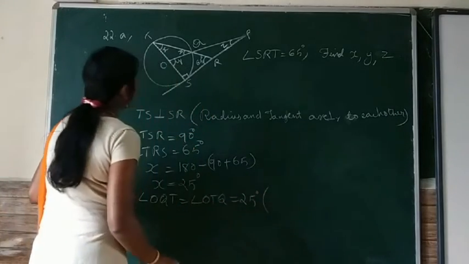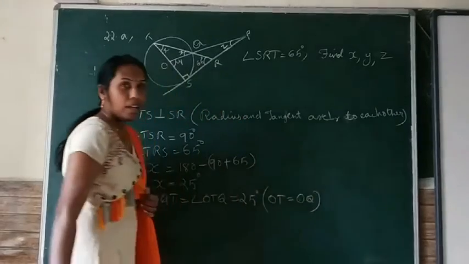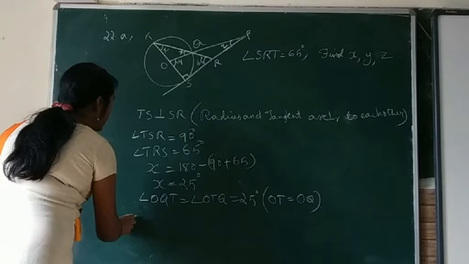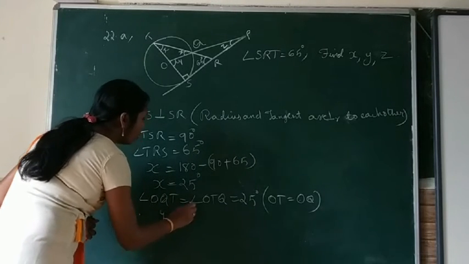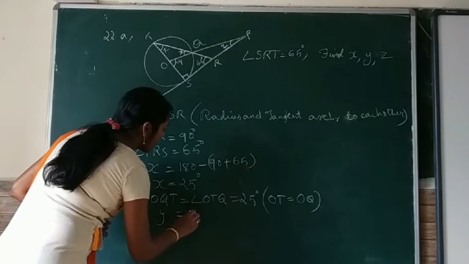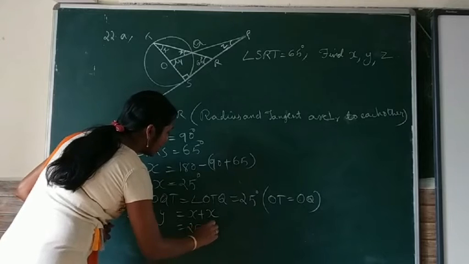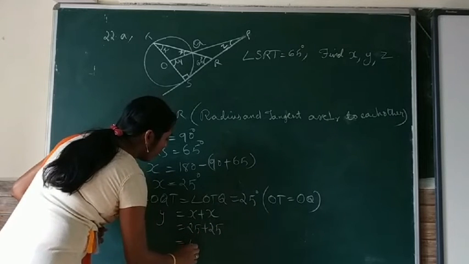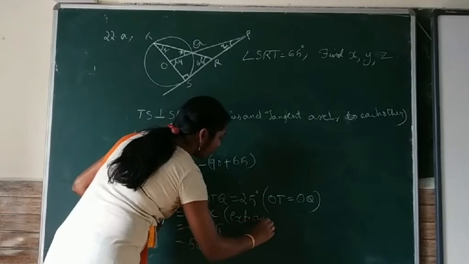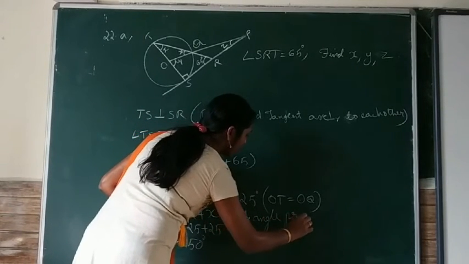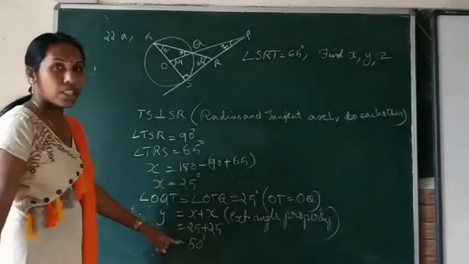Reason: OT is equal to OQ, they are the radii of the circle. Therefore Y is equal to X plus X, is equal to 25 plus 25, is equal to 50 degrees. Here we can write exterior angle property. So Y is equal to 50 degrees.